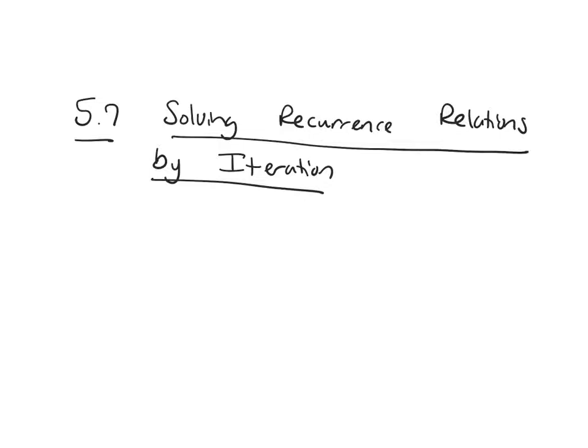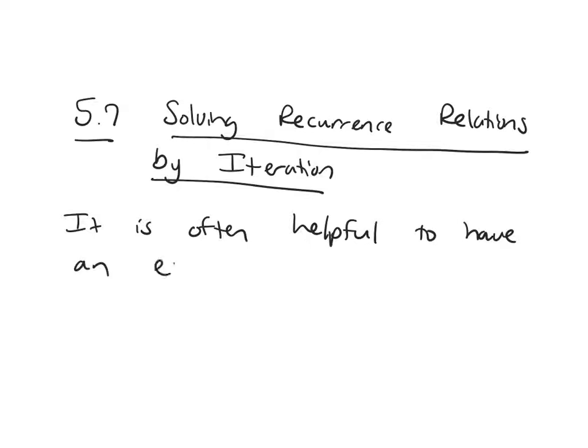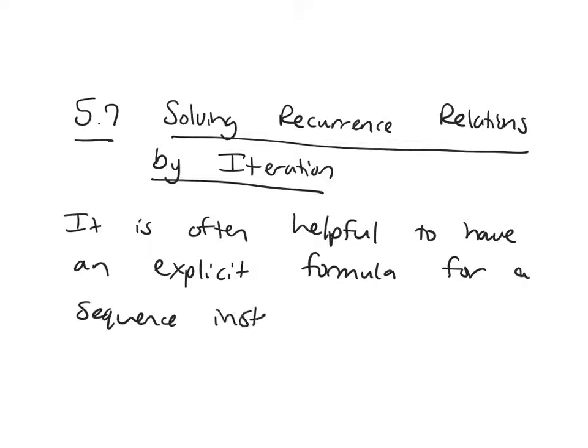So I'm going to start the section by saying that it is often helpful to have an explicit formula for a sequence instead of a recurrence relation.